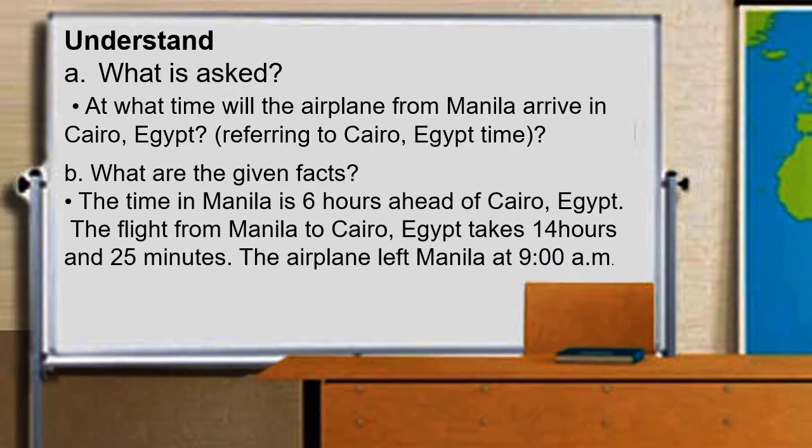So we have the time in Manila is 6 hours ahead of Cairo, Egypt. Next, the flight from Manila to Cairo, Egypt takes 14 hours and 25 minutes. And the last one is the airplane left Manila at 9 a.m.